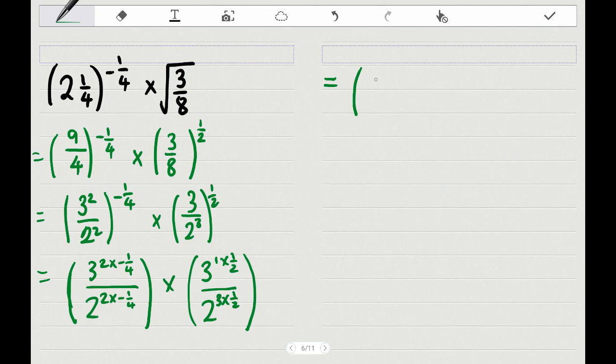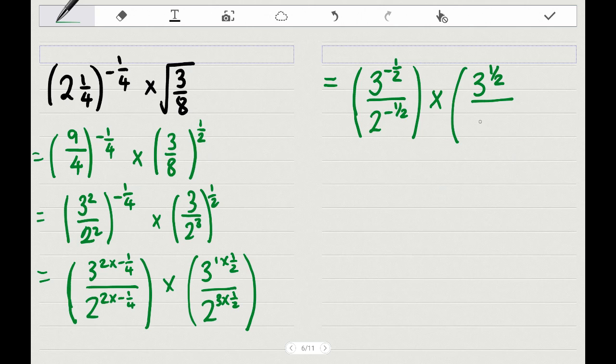So 2 times a quarter is a half. And again, 2 times a quarter is still going to be a half, minus a half, because it's negative a quarter. So this here is 2 to the power of minus a half, times, and this is 3 to the power of a half over 2 to the power of 3 halves. 3 times a half.